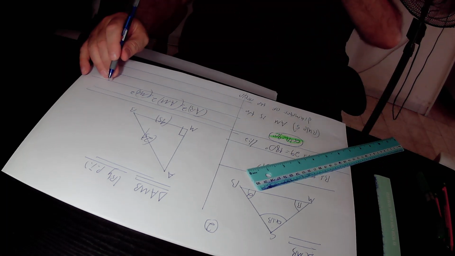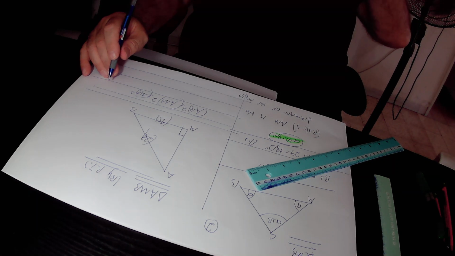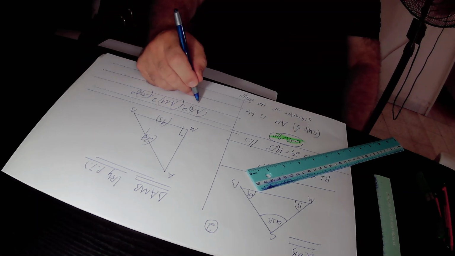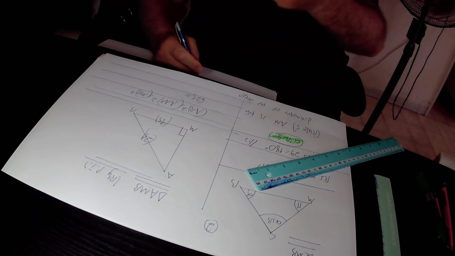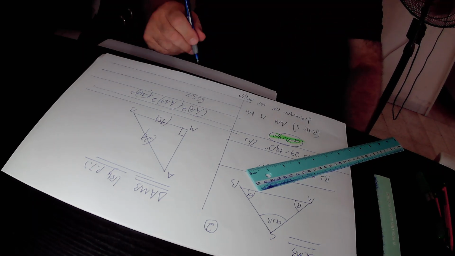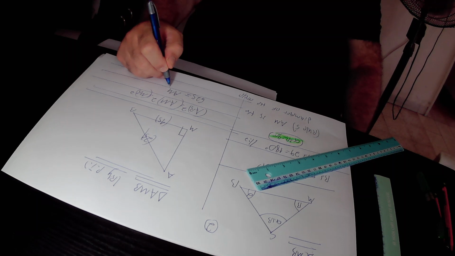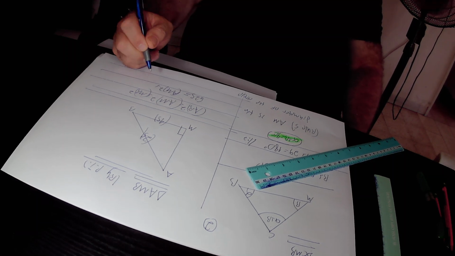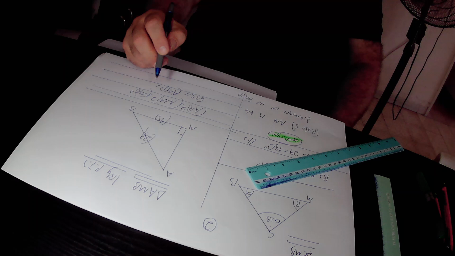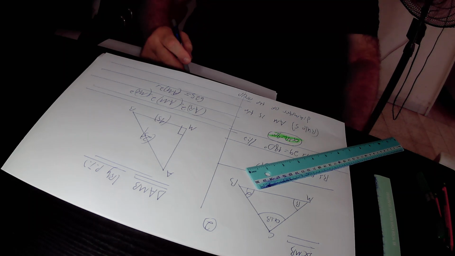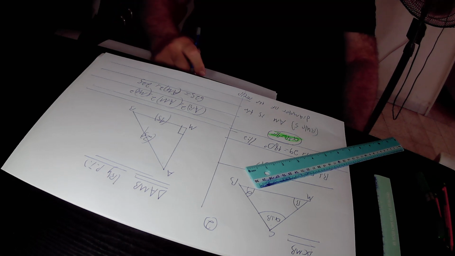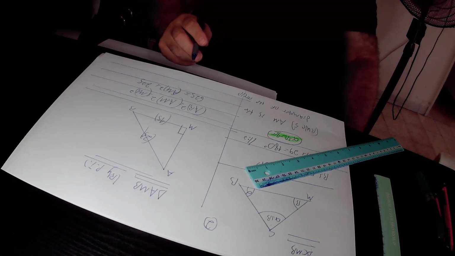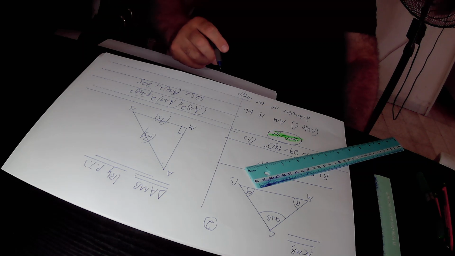AB is 25, therefore AB squared is 25 squared, that is 625, and it is equal to AM squared. AM is the missing side, so we leave it as it is, plus MB squared. MB is 15, therefore MB squared is 15 squared, that is 225. So 625 equals AM squared plus 225.